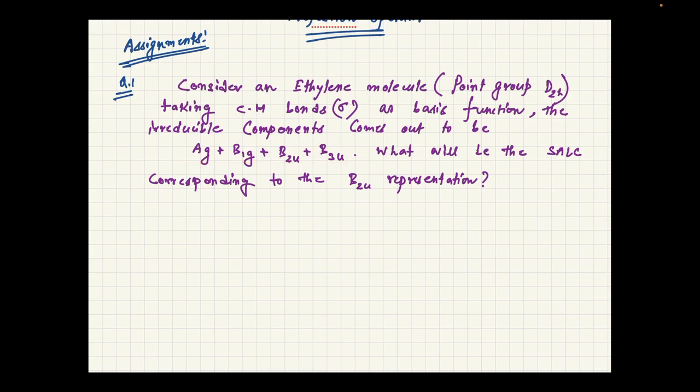We have to find out which particular combination of these 4 CH sigma bonds will give a molecular orbital which can act as a basis for the B2U representation. Using the projection operator technique we can find it easily.